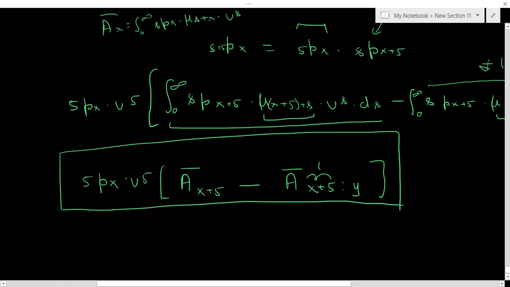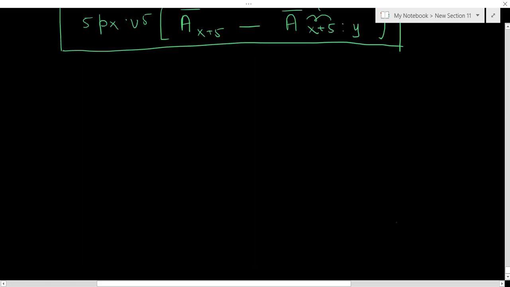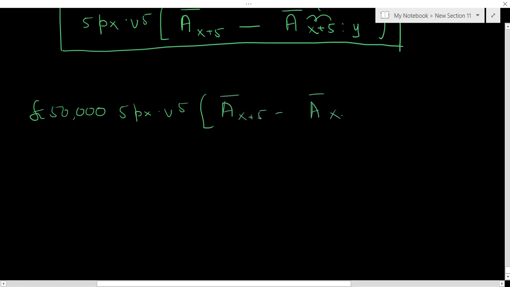And if you want, since there was a 50,000 multiplied with it in the beginning, since the amount was 50,000, so this is 50,000 into 5 p x into v to the power of 5 into A bar x plus 5 minus A bar x plus 5 first y. That's what I have, right?